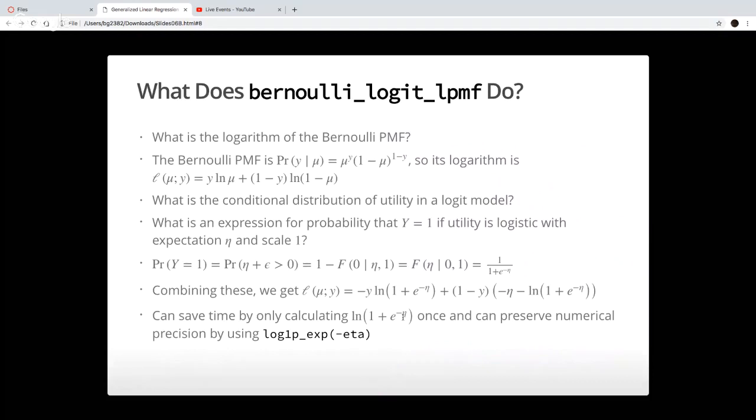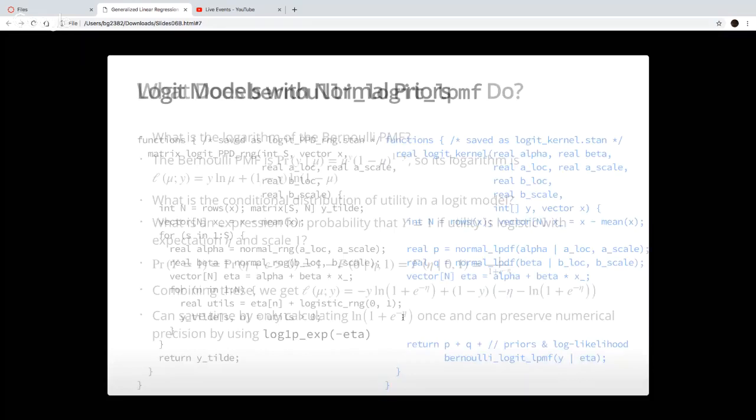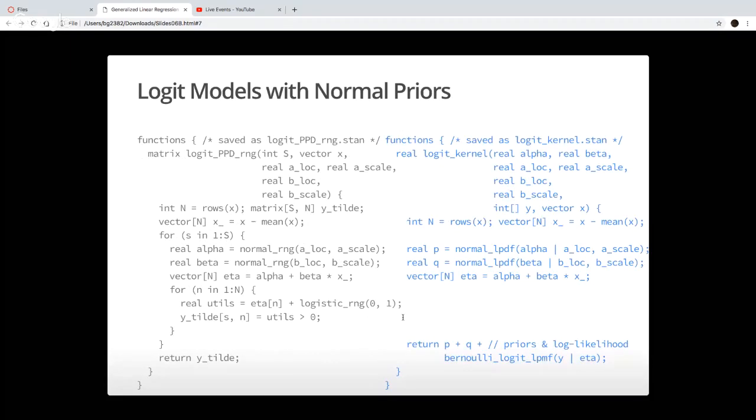So that's all what's happening behind the scenes with bernoulli_logit_lpmf. And it takes a whole array of outcomes on y and a vector of utilities on eta and returns a scalar, which is the sum of the log likelihood contributions that are independent across all of the observations that we have in our data set.